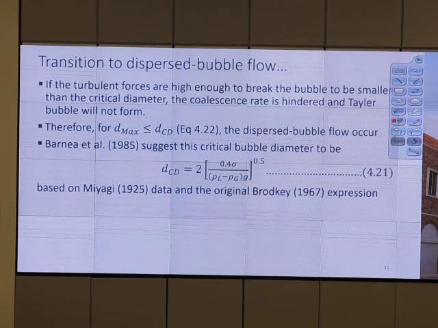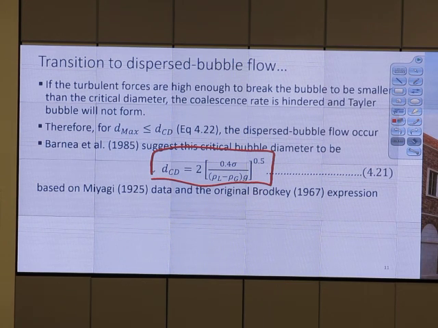But he suggests the critical bubble diameter to be this formula: D critical equal to 2 multiplied by the square root of 0.4 sigma over delta rho g. So this diameter can be calculated based on the fluid properties. Is this dependent upon viscosity?